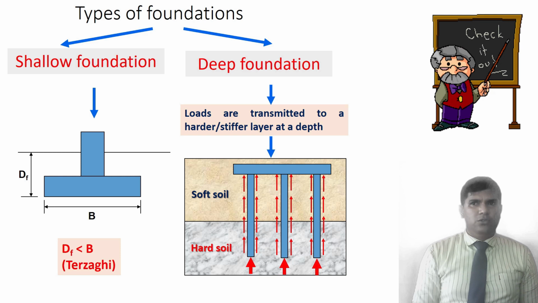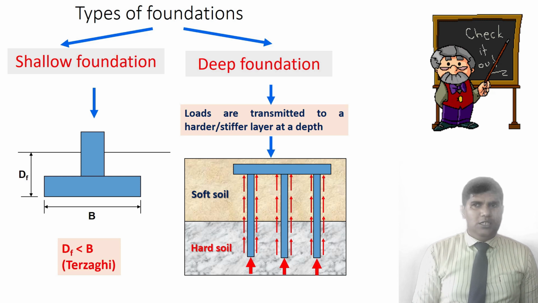Then the foundation: mainly we can divide the foundation into two types. One is shallow foundation, the other one is deep foundation. The shallow foundation means the ratio between depth of footing to breadth, or the width of footing, is less than 1. That is what we call a shallow foundation.